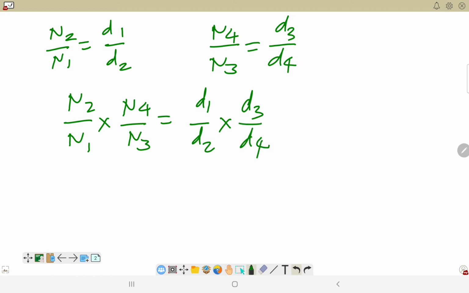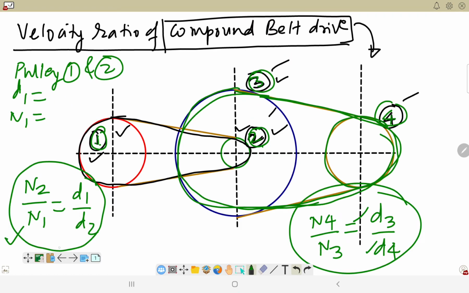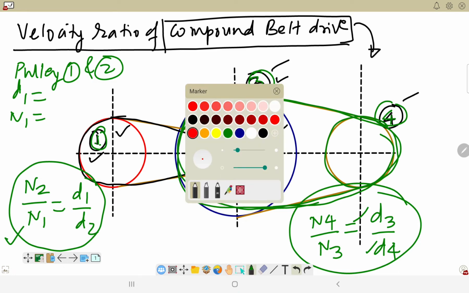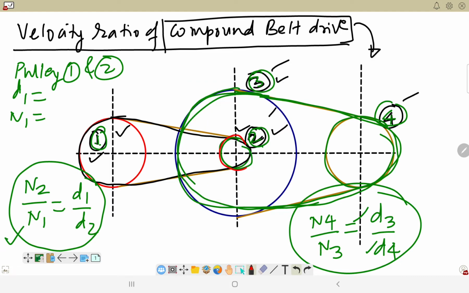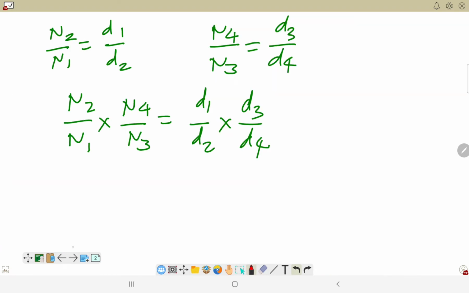Now, pulley number 2 and pulley number 3 are mounted on the same shaft, and therefore they will revolve with the same speed.